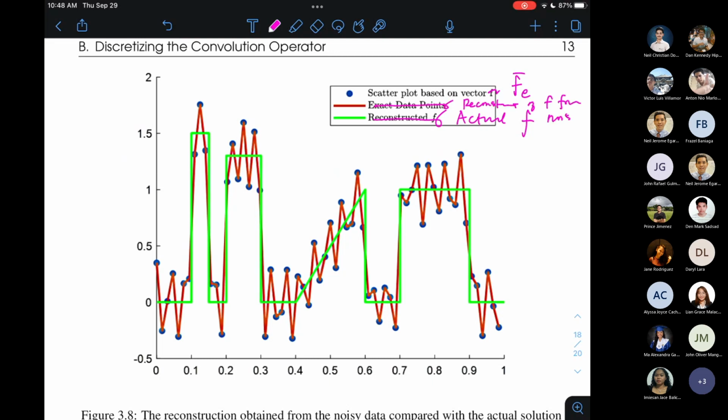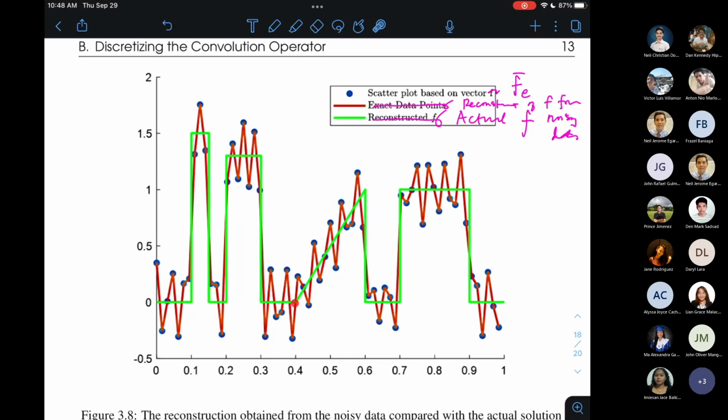Tapos makita nyo, hindi na ganun kaganda yung reconstruction ni F galing doon sa data tainted by 1% noise. Because here, nakita nyo, medyo ang laki na ng oscillations. Kanina, maliit lang yung pag-change doon sa plateau na yan. Ganon din dito, ano? So medyo ang layo na ng itsura ng reconstruction mula doon sa actual solution.